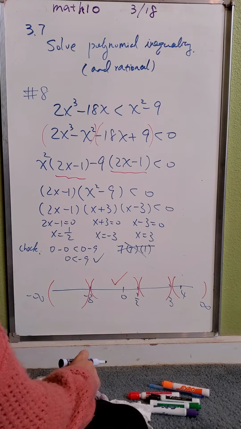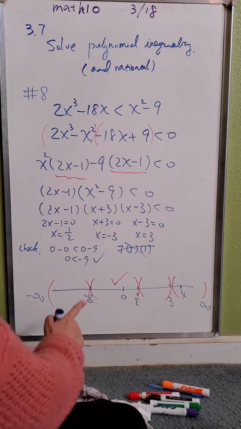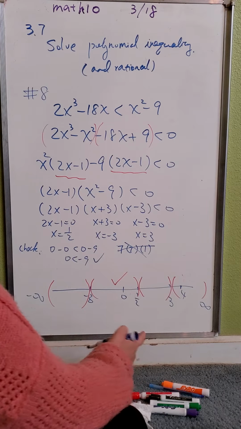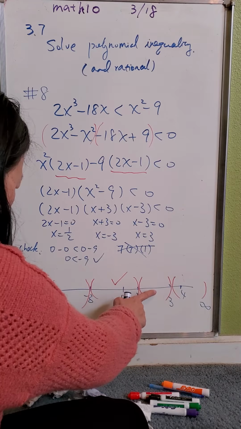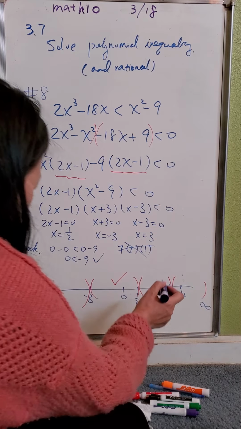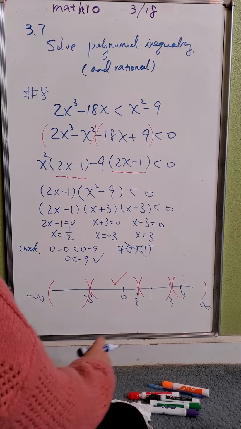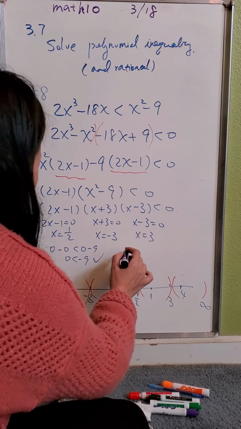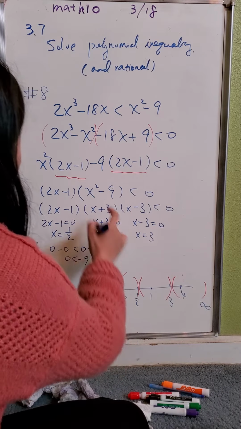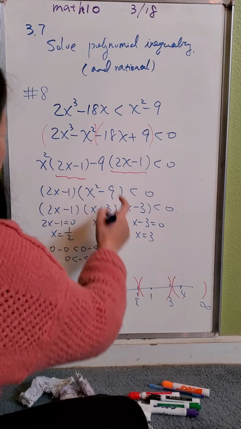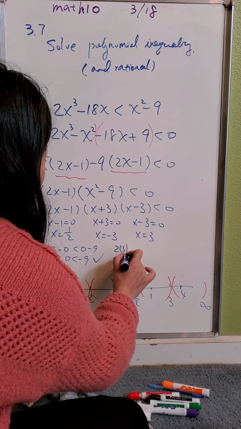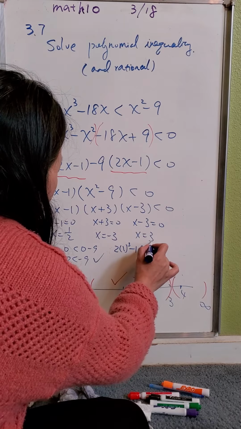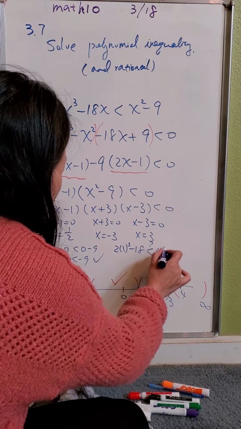So if this one doesn't work, we're going to check the one next to it. Okay, so let's check 1. Let's see if this one is going to work. So we have 2 times 1 to the cube power minus 18 is going to be less than 1 squared minus 9.